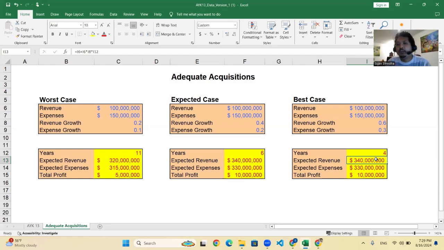So the break-even year will be between 3 and 4. Let's try 3.5. Oh, still we get profit. Okay, let's say 3.33. Still profit. Okay, 3.333.